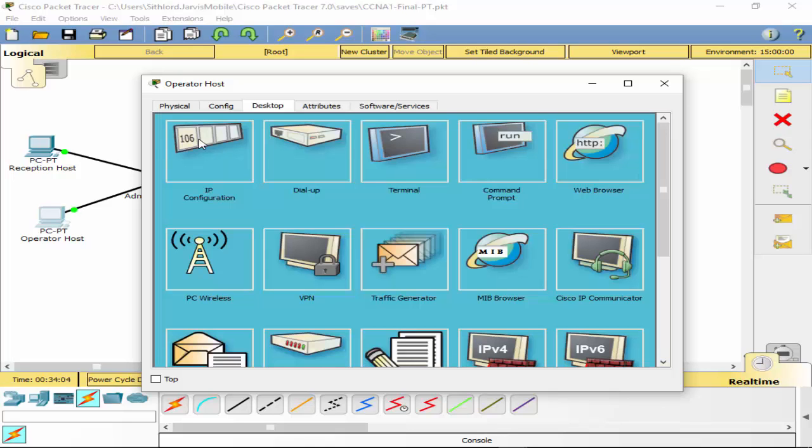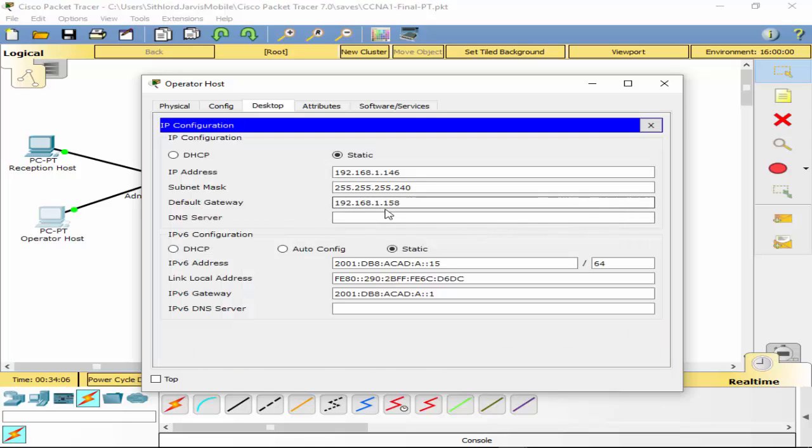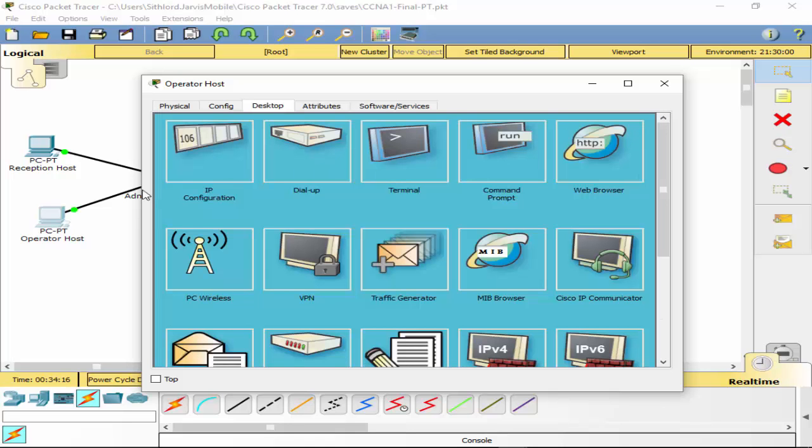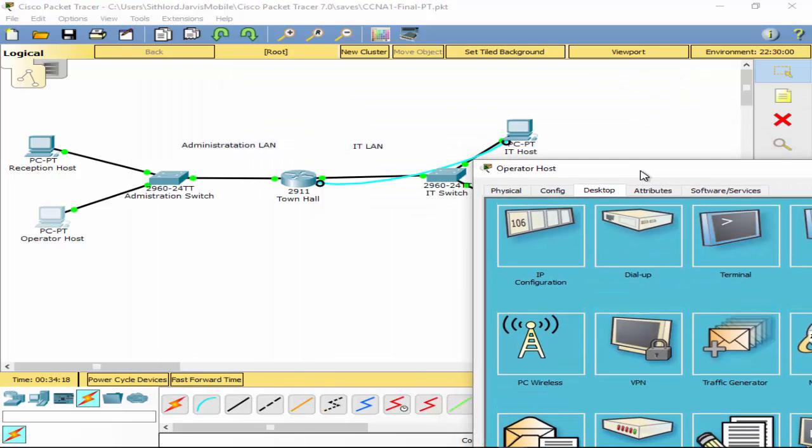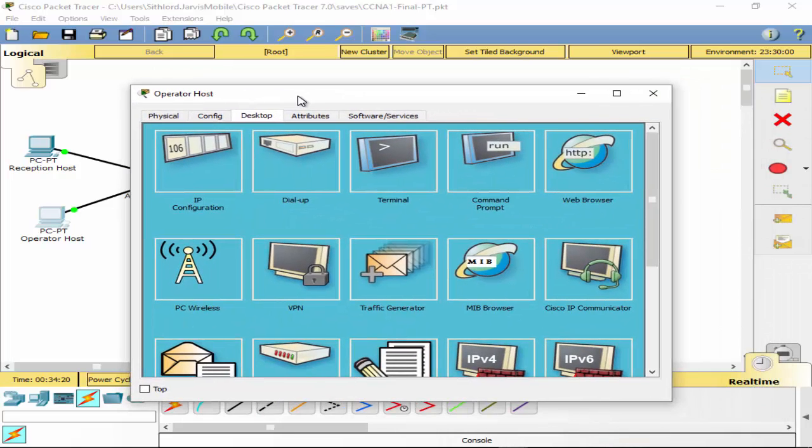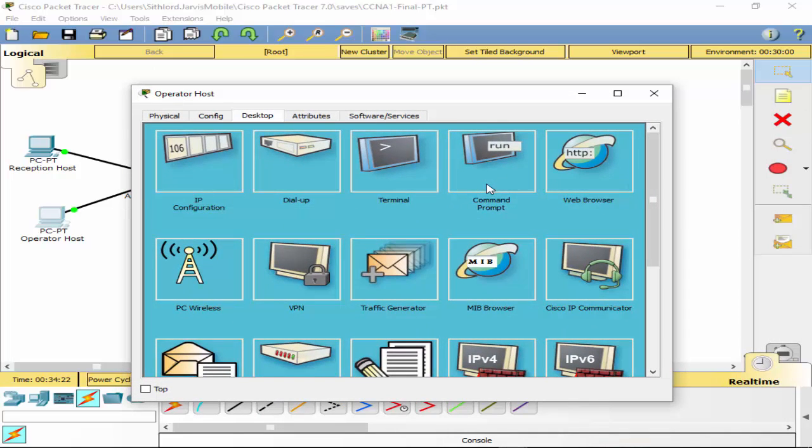Alright, well, so we have a problem because that's actually our default gateway. Did we do our math wrong? 146 and 158 should be in the same. Alright, are they in the same VLAN? They should be in the same VLAN.